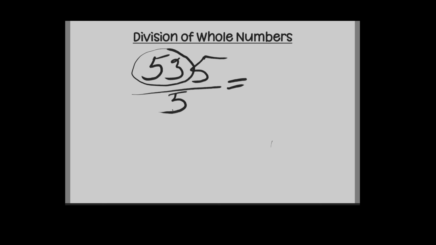You can say 5 can go in 50, 10. Okay, and 5 times 10 is 50. So you're going to have a remainder of 3, because this is 53. We don't want 50. We want 53. Okay, so when you do that, your answer is going to be 3. It's going to be added to this right here. So you're going to have 35. So 5 into 35 is going to be 7. Does that make sense?